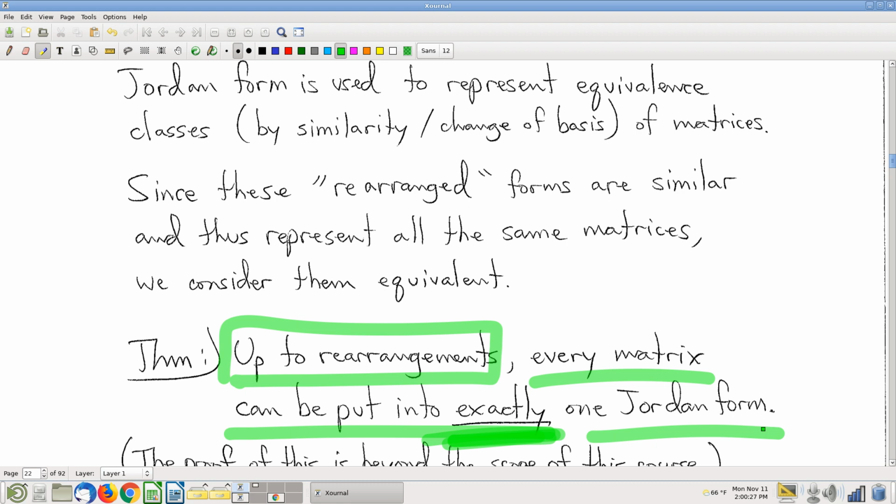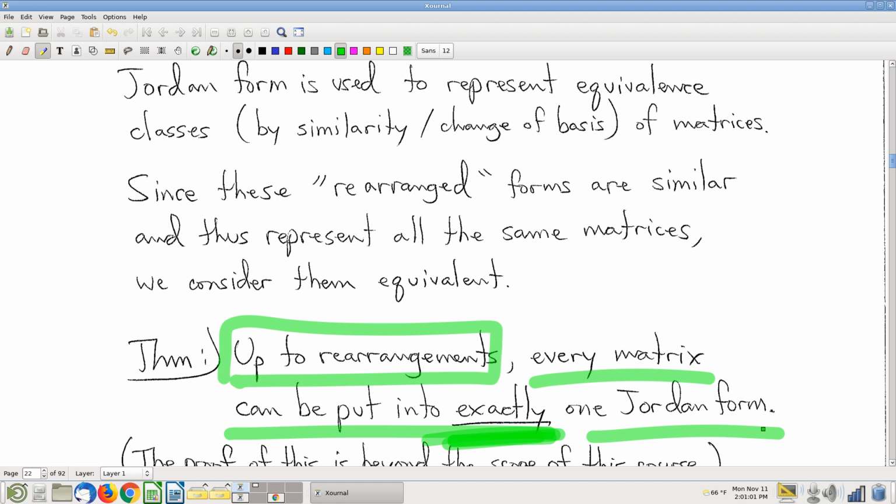We say up to rearrangement, ignoring rearrangements. You can think about it as rearranging the blocks. It's the same Lego pieces, just moved around. It's not really changing it very much. And so, in a way, it's like Jordan form is unique, except for this one little bit of silly business of shuffling blocks.